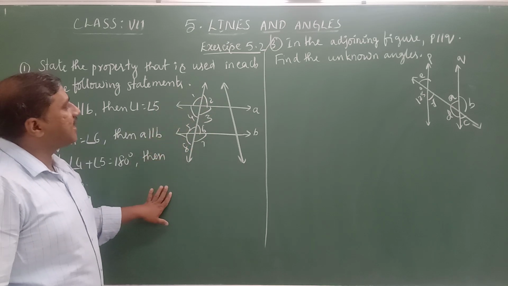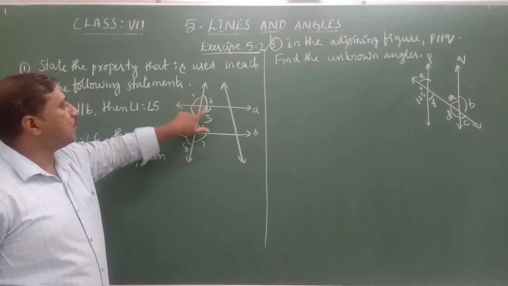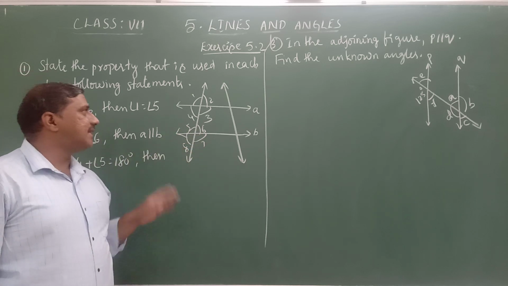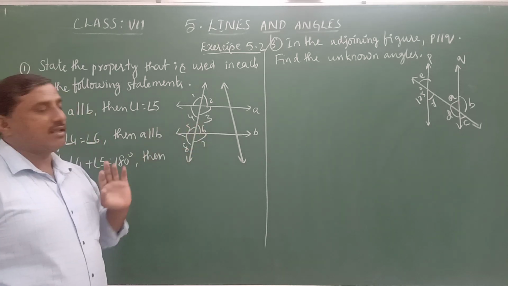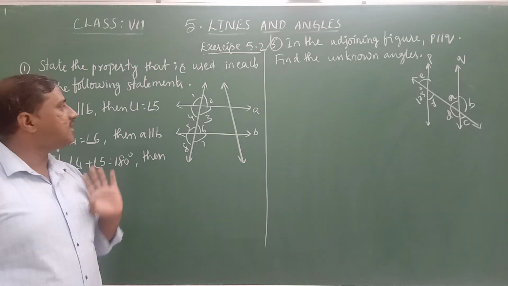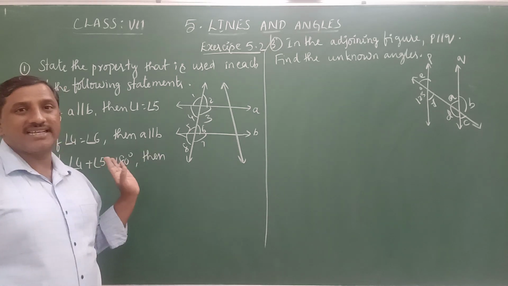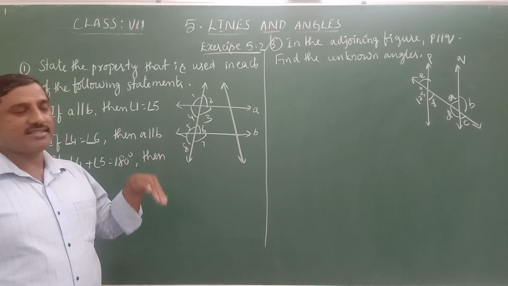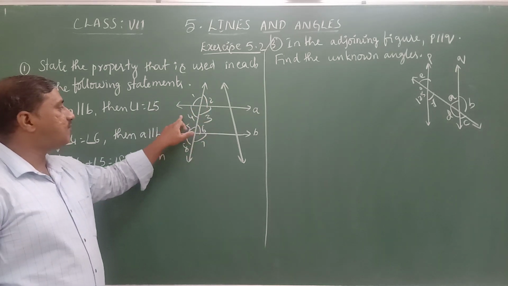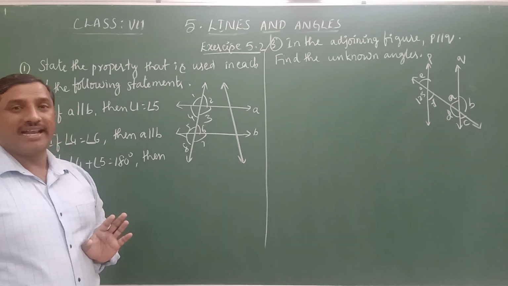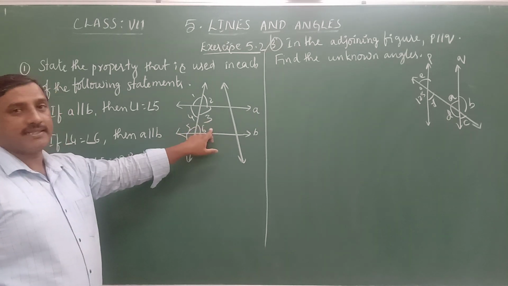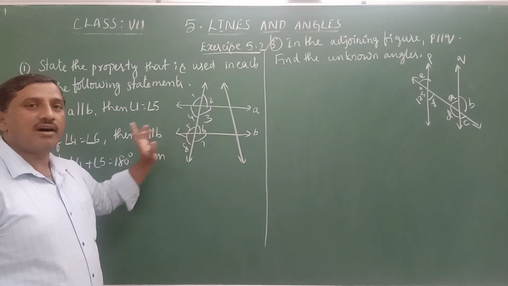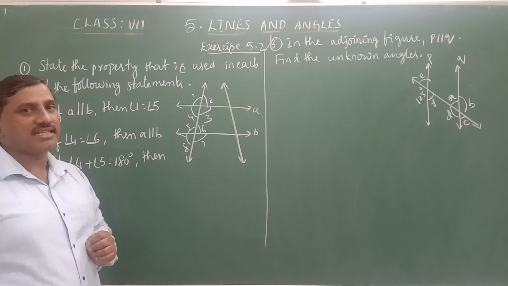For one transversal, angles are given 1, 2, 3, 4, 5, 6, 7 and 8. In this figure, 3 and 6, 4 and 5 are interior angles; 1, 2, 7 and 8 are exterior angles; 1 and 7, 2 and 8 are alternate exterior angles; 3 and 5, 4 and 6 are alternate interior angles; 3 and 6 are interior angles on the same side of the transversal, and so are 4 and 5.